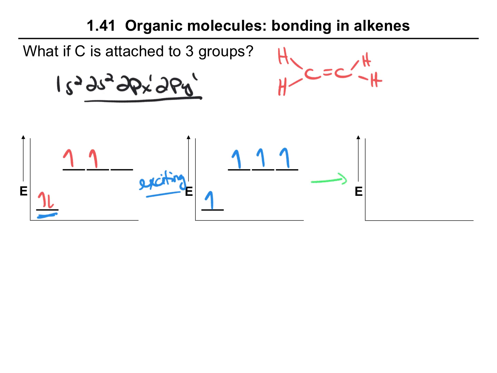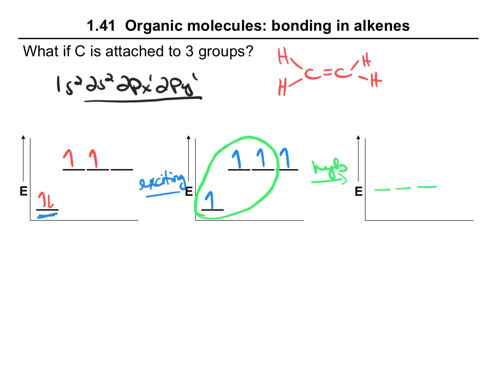And now we can think about the hybridization, but rather than blending the s orbital and the 3 p orbitals, this time we'll blend the s and only 2 of the p orbitals. So the s and 2 of the p orbitals are going to be blended to give 3 new orbitals.